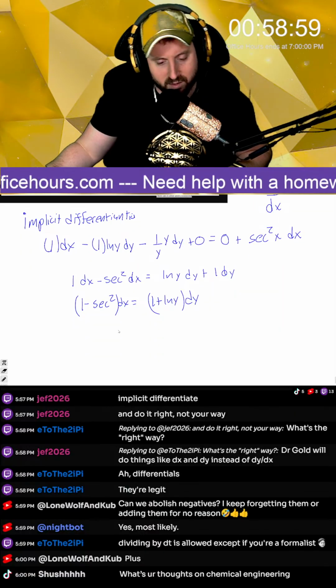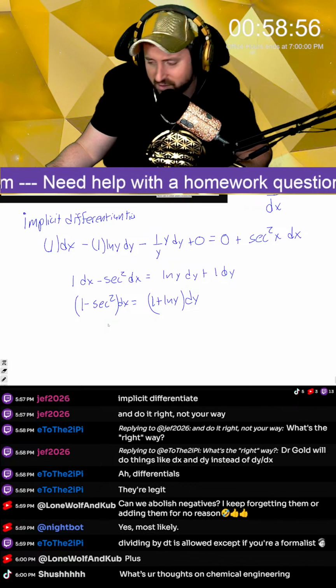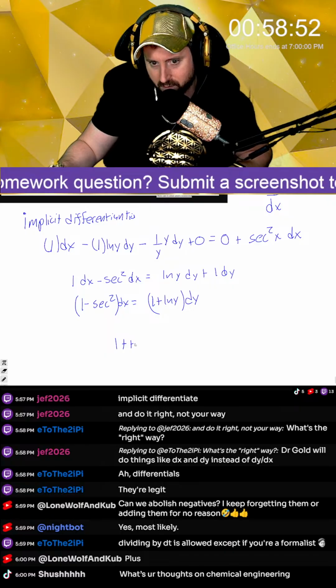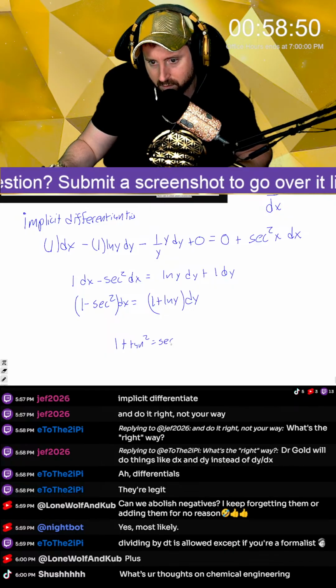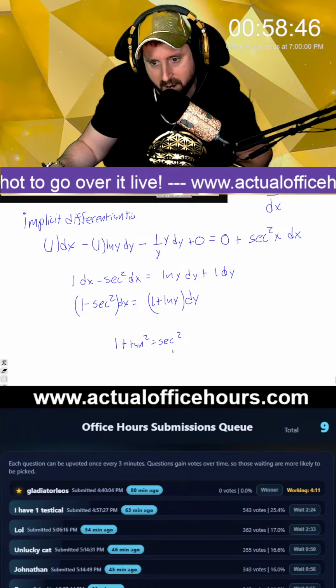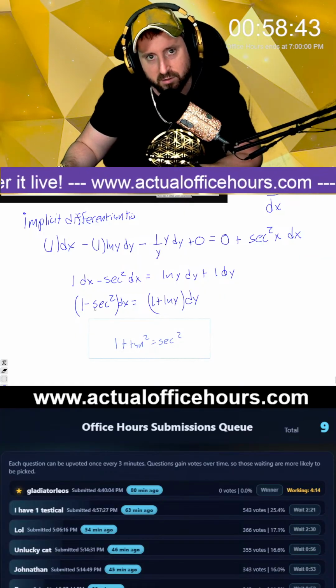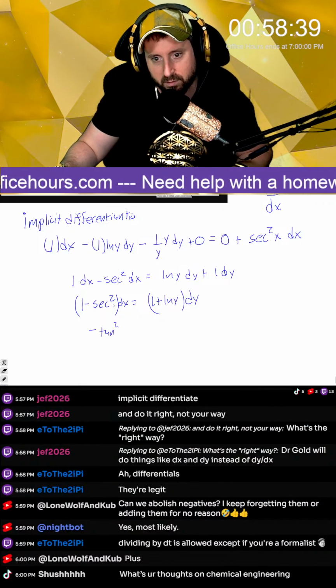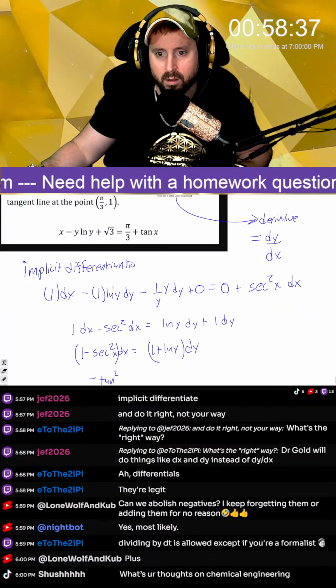1 minus is this a trig identity? Isn't it 1 plus tangent squared equals secant squared? So I think 1 minus secant squared is the same thing as negative tangent squared. So I think this is negative tangent squared. And sorry, this was of x.